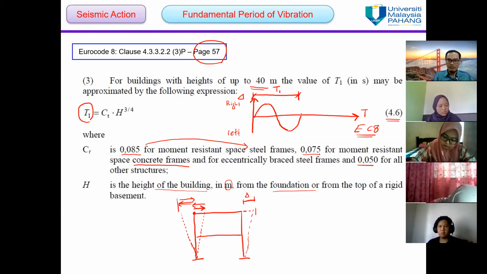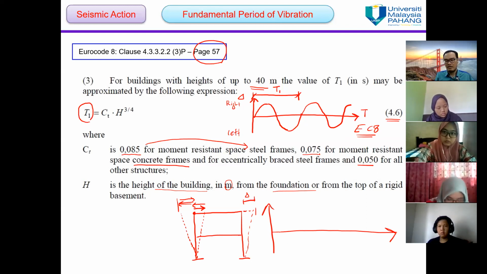Then it will move again until it stops. As I mentioned to you about damping earlier, a higher value of damping will cause the building to stop vibrating faster.